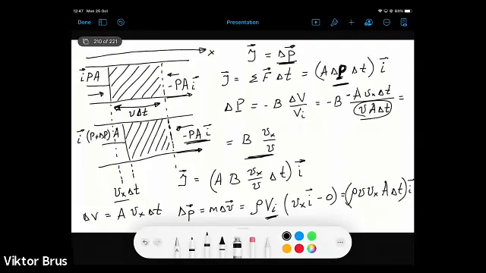So now we have the left side and right side of our equation. Let us put it together and see what we get.